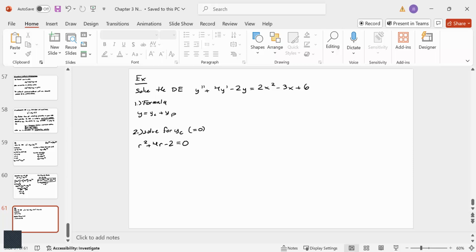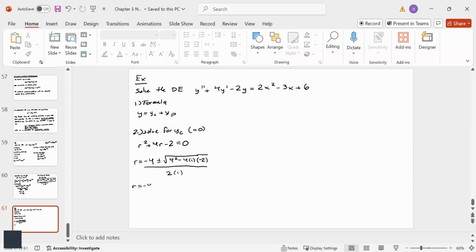And then if we can factor it, great. If we can't, then we can't. So I believe with this one, we cannot factor it. So we'll do the quadratic formula. So this is going to be equal to negative 4 plus or minus the square root of 4 squared minus 4 times 1 times negative 2, all over 2 times 1.